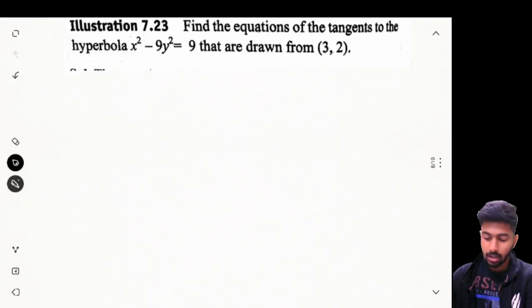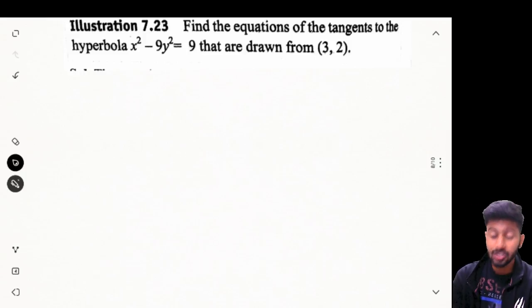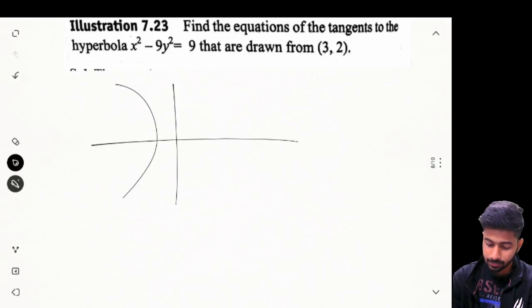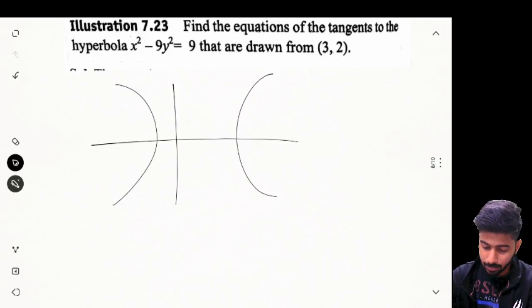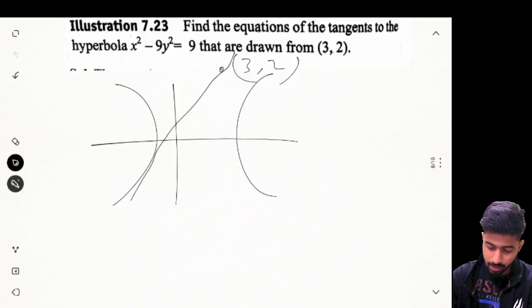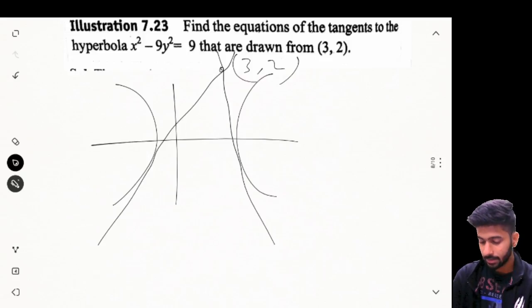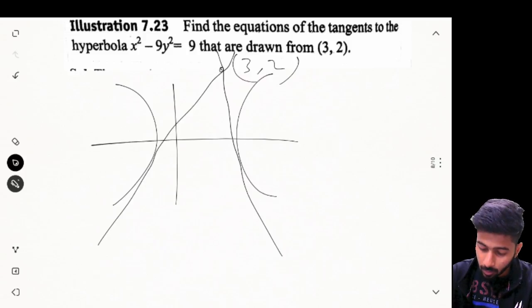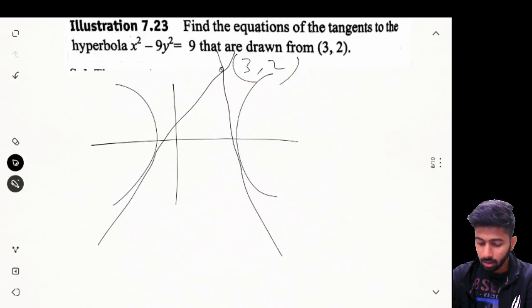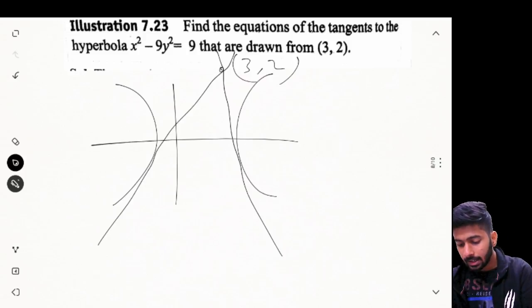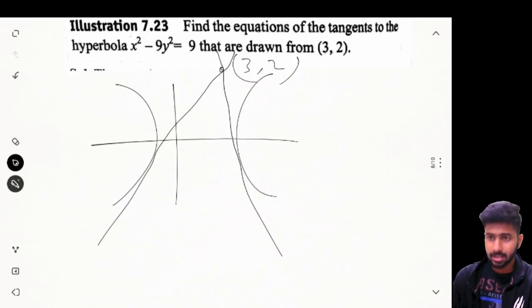So first of all, let this be my hyperbola. Let this be the point (3, 2). So there is one tangent from this point which touches the hyperbola here. There might be another which just touches it like this. So remember, this is the question basically.